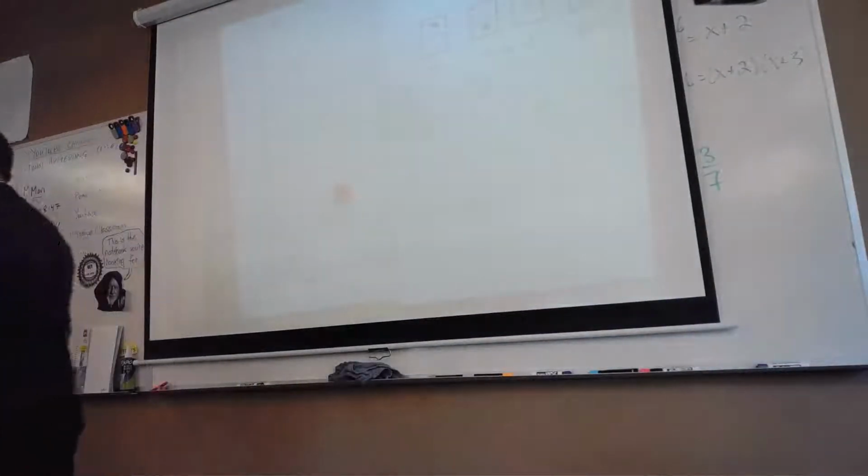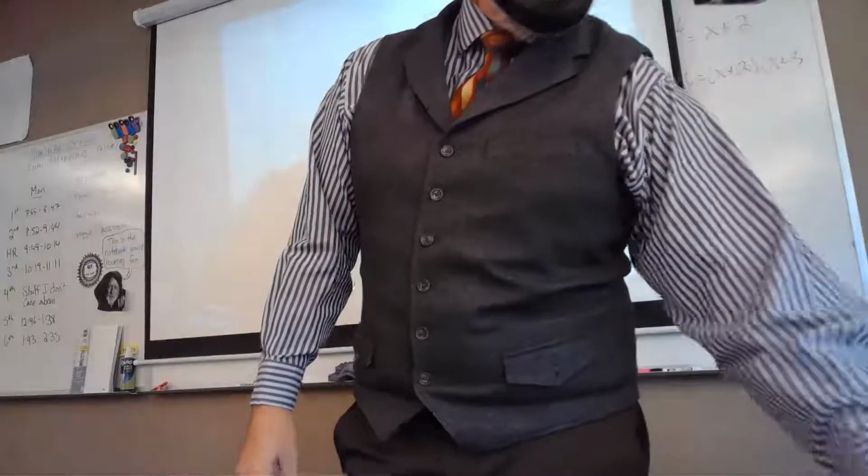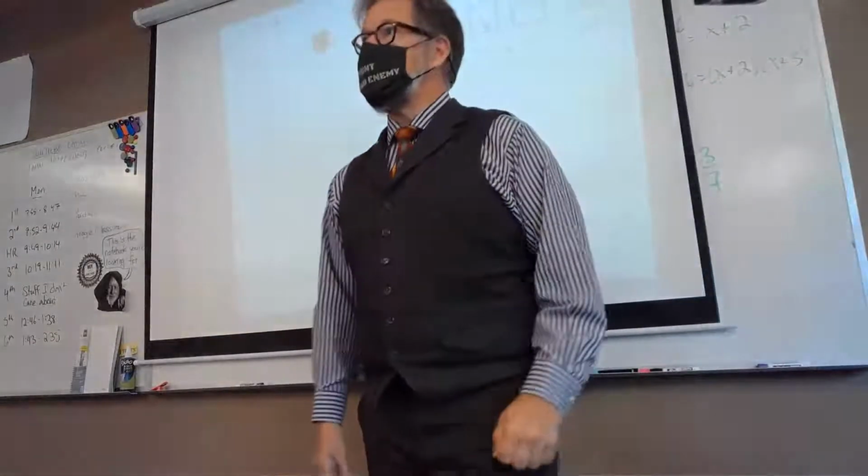Now, let's think about the second thing that Jonah said. Did we not just agree that we could take something from the bottom and move it to the top if we flip it over? But that means that minus -1 is the same as +1.